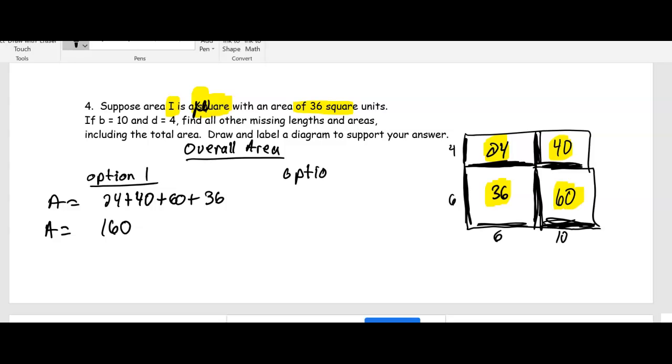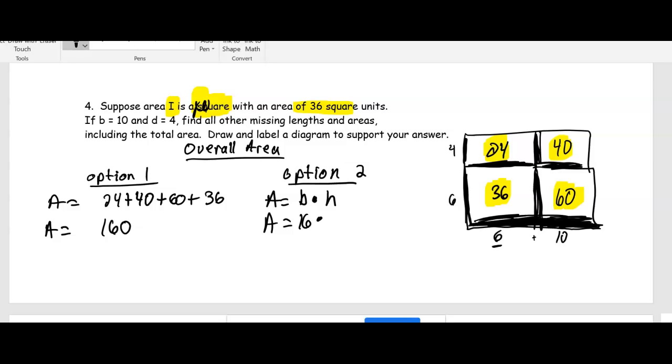Option number 2 is we could do the overall big base multiplied by the overall big height. So if you look at the overall rectangle, if I ask you what is the length of the base of the big rectangle, would we all agree it would have to be the 6 for here plus the additional 10, so that the overall base we would say is 16.